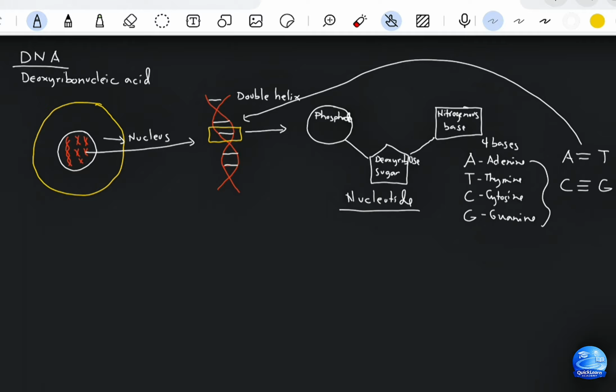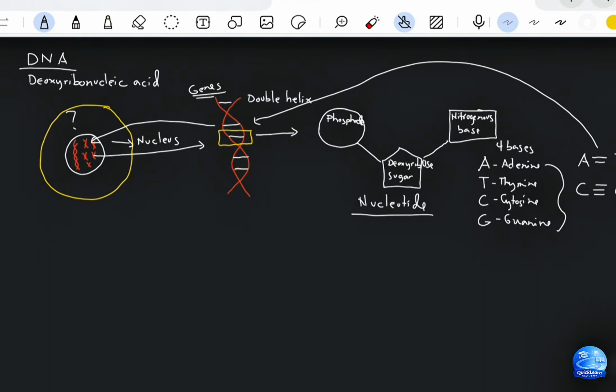Now here's the problem. DNA contains the instructions, but DNA stays safely inside the nucleus. So how do those instructions get out? How does the cell actually use the information? This is where RNA enters the story. Let's write RNA over here.